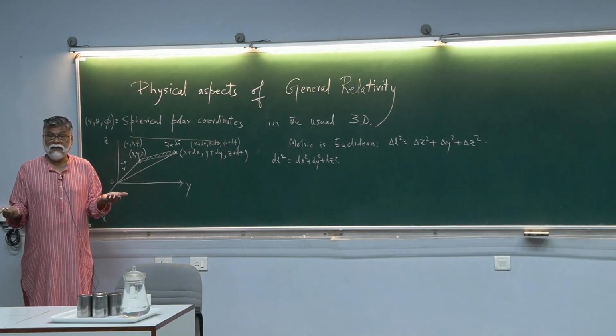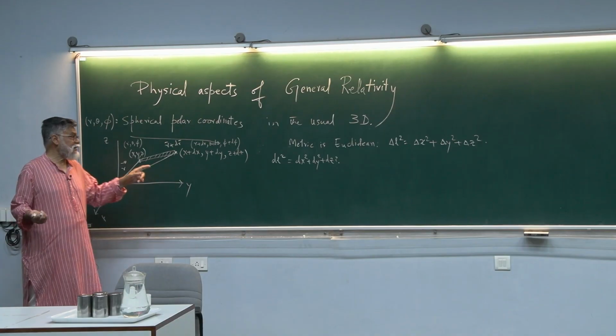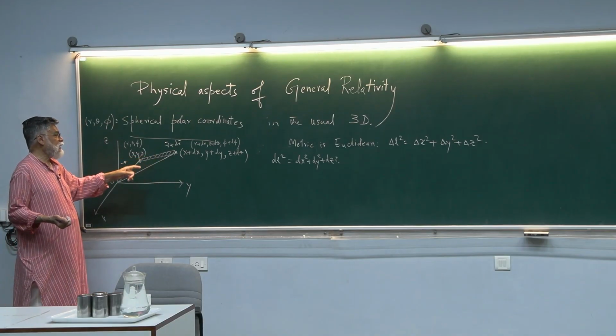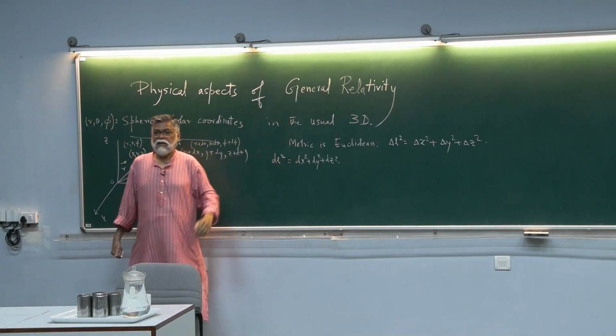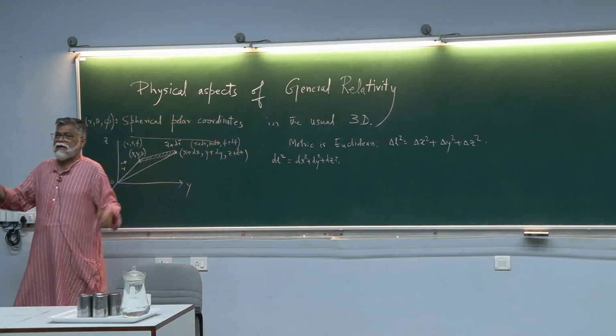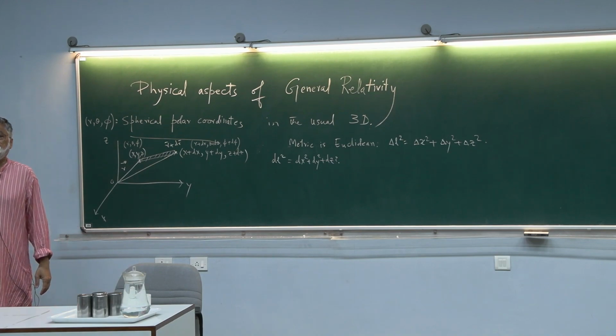If he asks, how do I measure the distance between these 2 points? If he says, oh, my friend uses dx square plus dy square plus dz square, shall I write it as dr square plus d theta square plus d phi square?